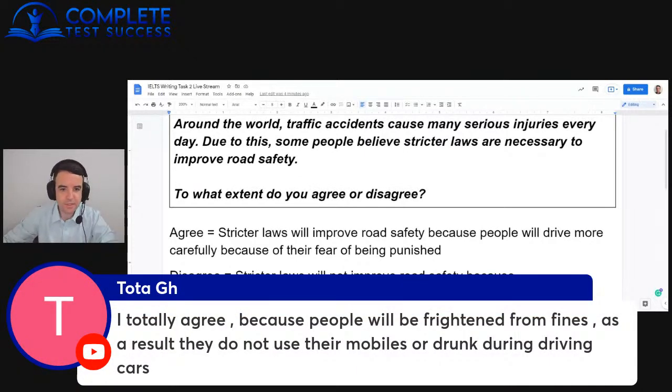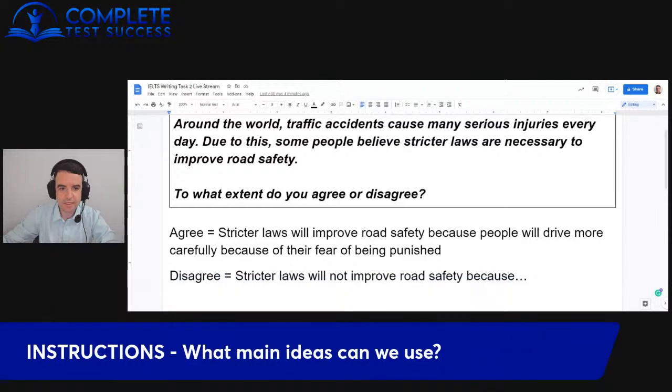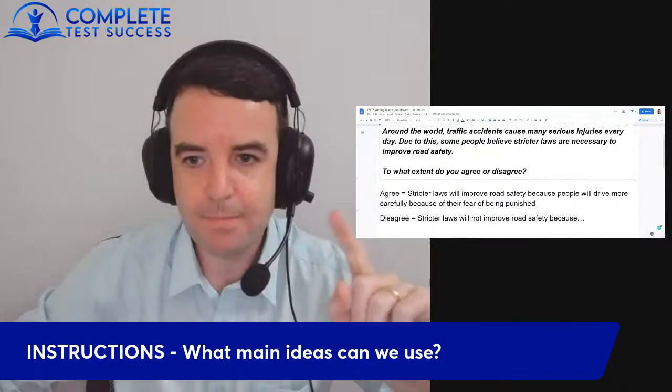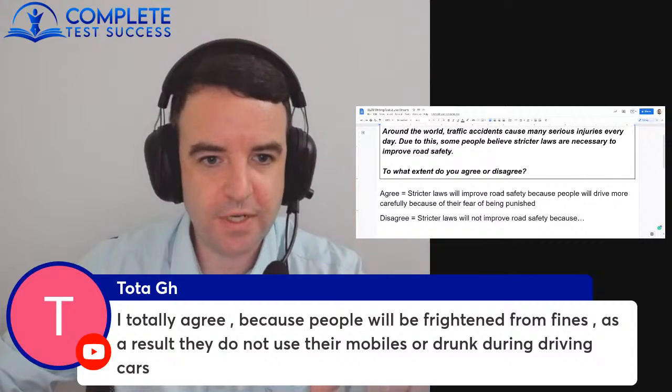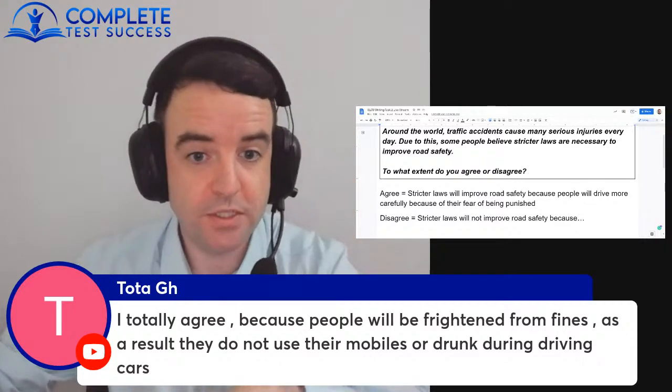Tota: I totally agree because people will be frightened of the fines. As a result, they do not use their mobiles or drink drive during driving cars. Okay. So Tota, that is correct. That's just one idea. So you're saying that people won't do it because they're afraid, and what they won't do because they're afraid.